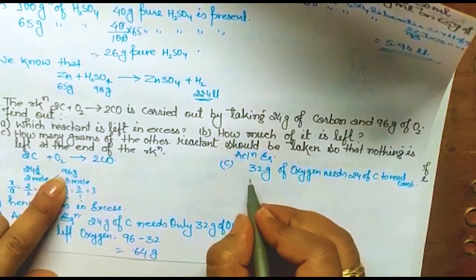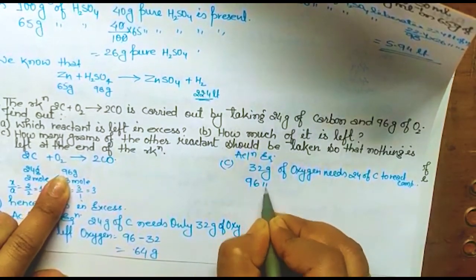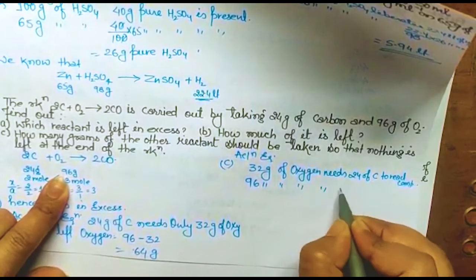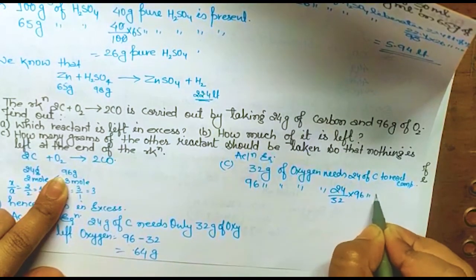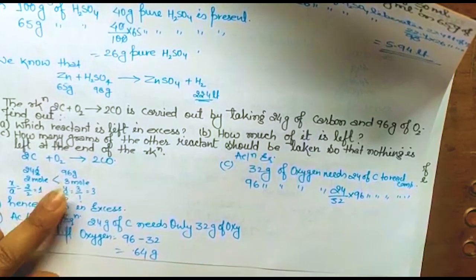So how much gram of oxygen is given? 96 gram. 96 gram of oxygen needs 24 divided by 32 into 96 gram of carbon to react. Yes.